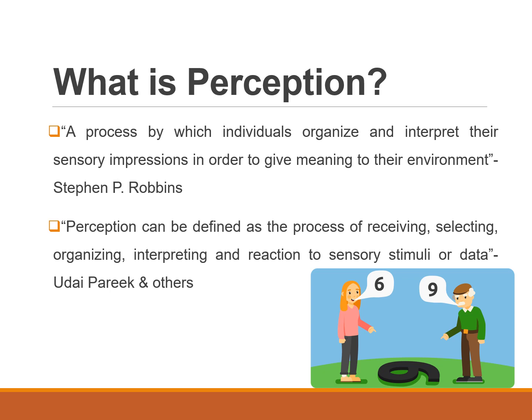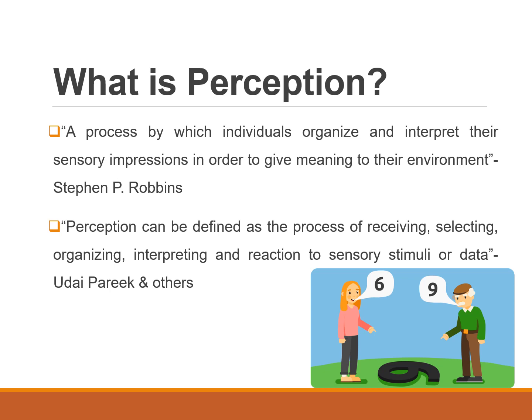According to Stephen Robbins, he defined it as a process. Earlier I mentioned this is not a one-time activity. So perception happens throughout the process. It is a process by which individuals organize and interpret sensory impressions.